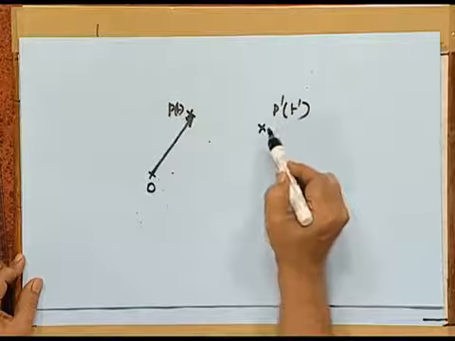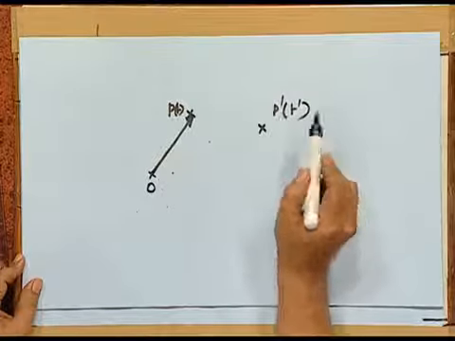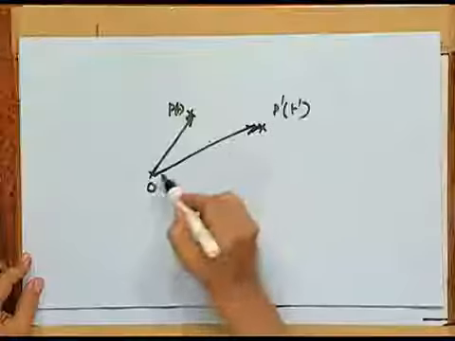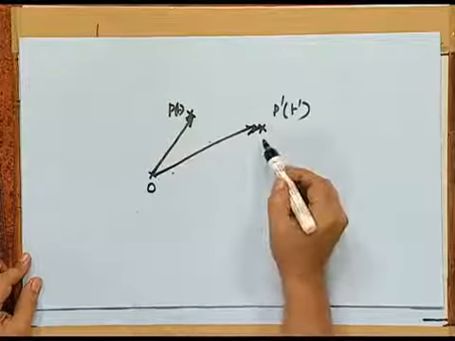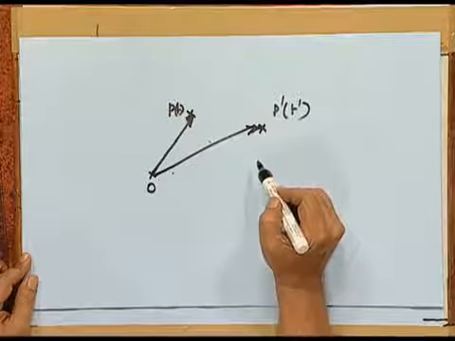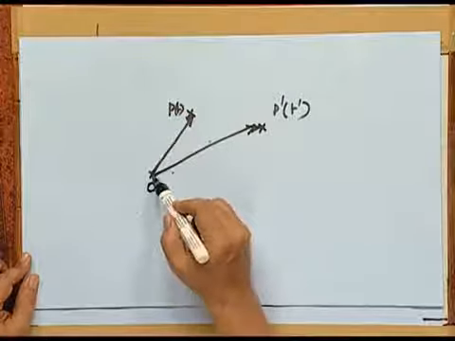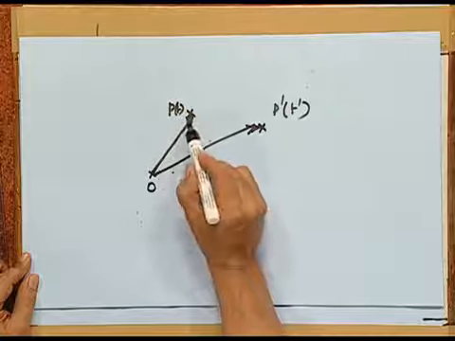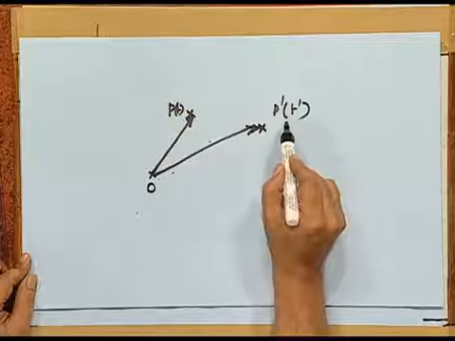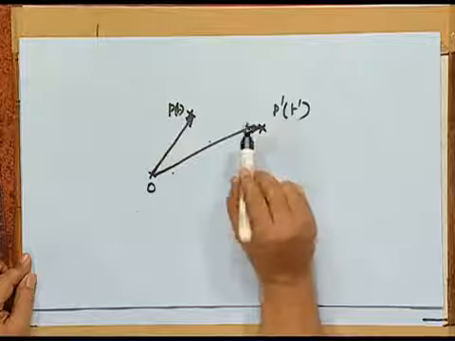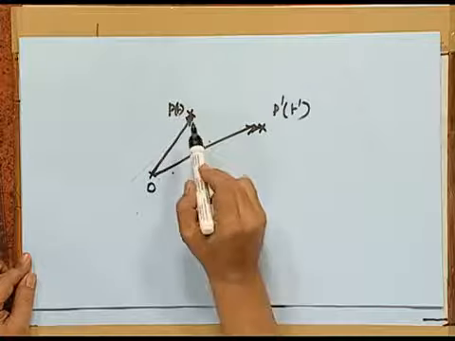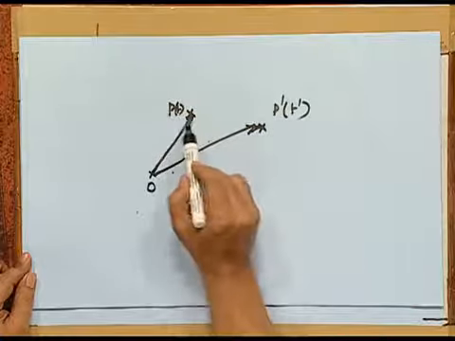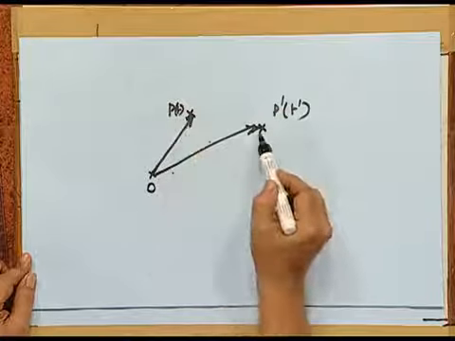The object has moved from point P, which was at time t, to another point P dash at time t dash. Now, OP dash is the new position vector. Position has changed from point P to point P dash in the interval t to t dash, that is, it has taken a certain time for this object to move from point P to P dash.